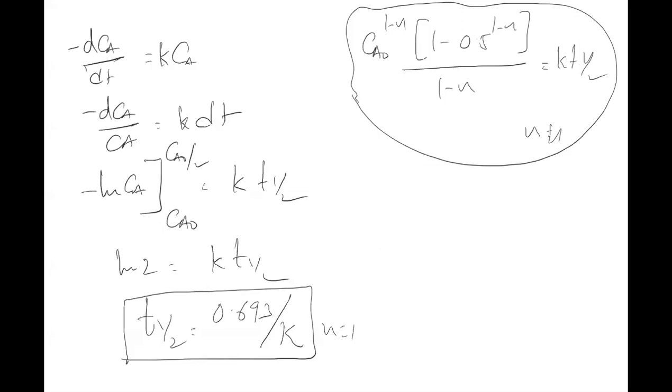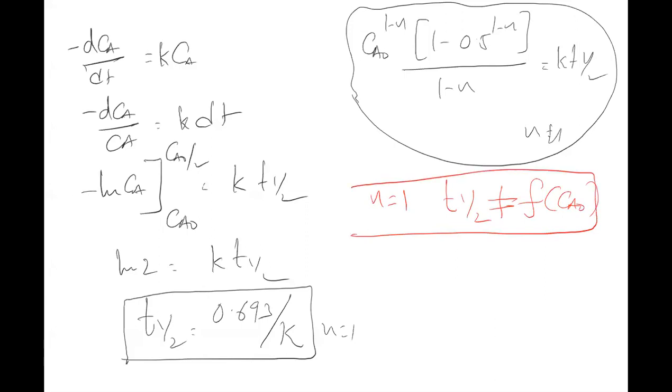What do you observe from these two? For n equal to 1, half-life does not depend upon Ca naught. It is constant. For n equal to 1, half-life doesn't depend upon the initial concentration.